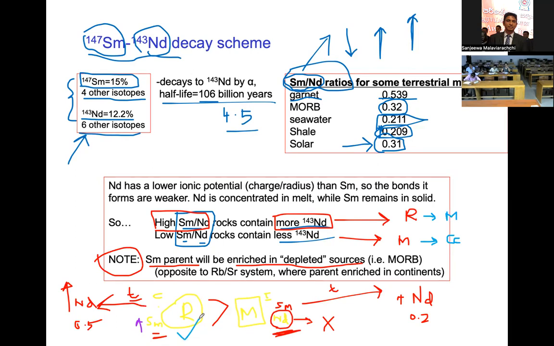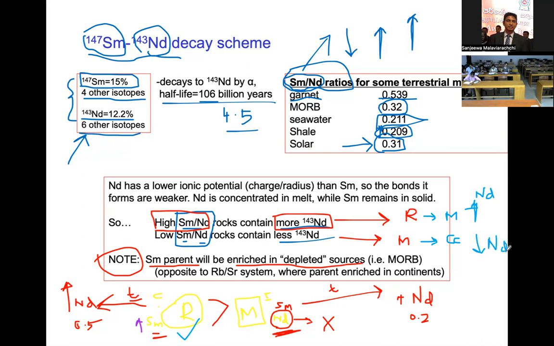So unlike the rubidium strontium isotopic system, if you analyze a mantle sample, that means a residue sample, you will definitely see a high neodymium isotopic composition in mantle samples compared to continental crust. So that means in the continental crust, neodymium isotopic composition is low.